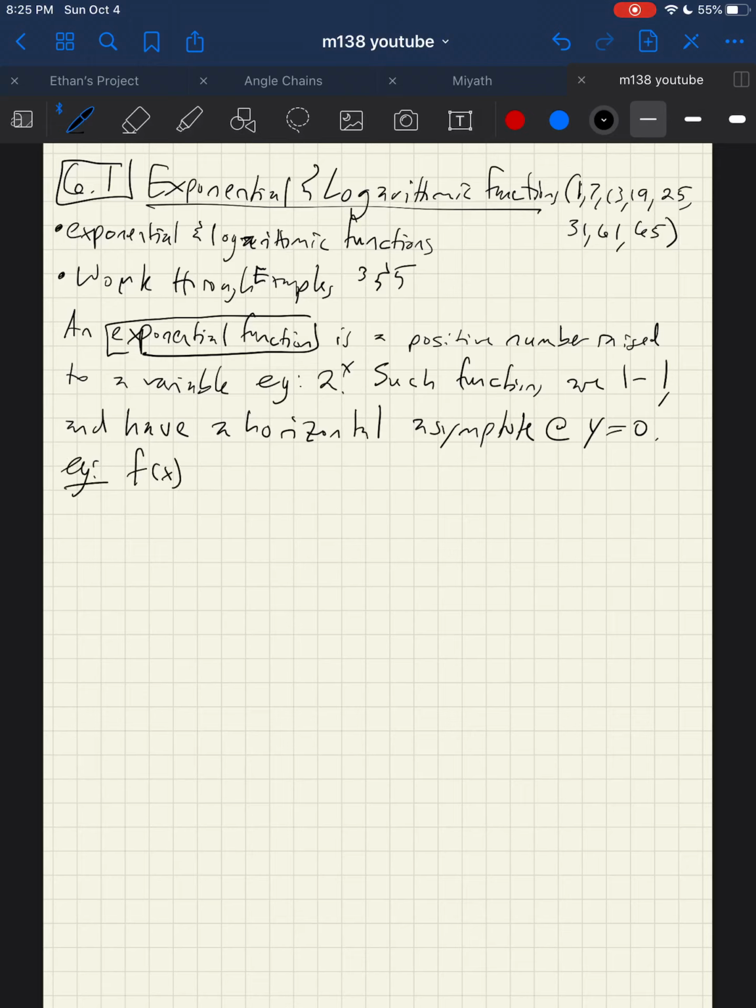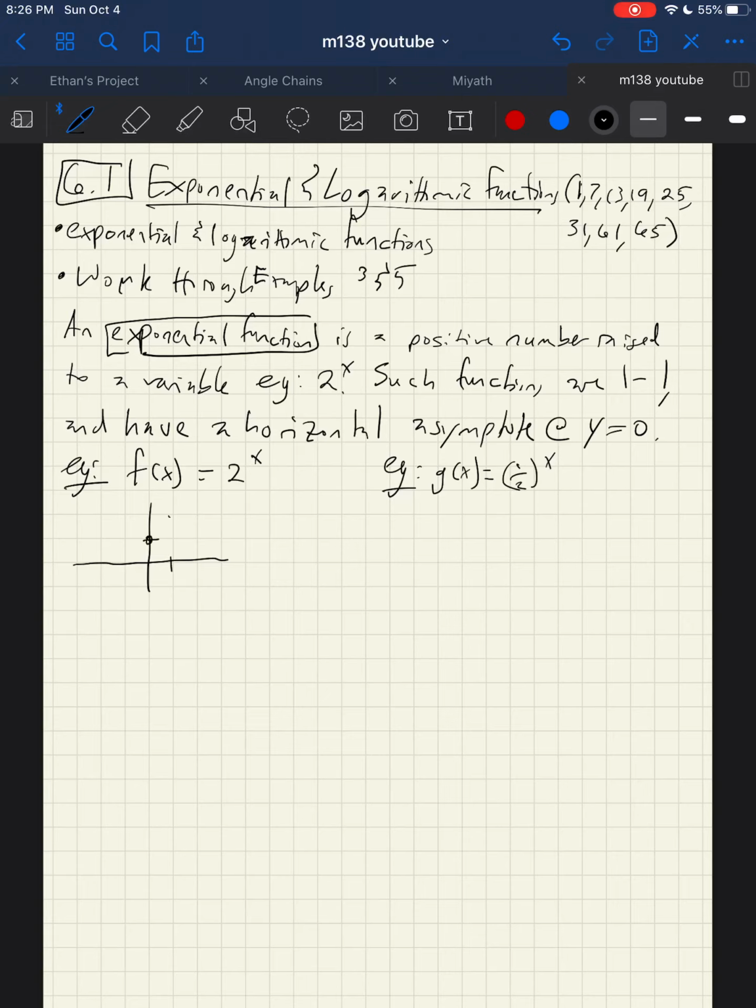Let's do f of x equals 2 to the x. Let's do another example. G of x equals 1/2 to the x. Okay, so if f of x equals 2 to the x, well, at 1 here we've got 2. I'll do this a little bit lower.